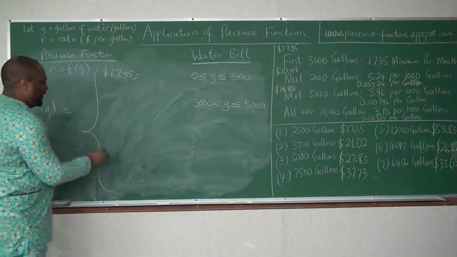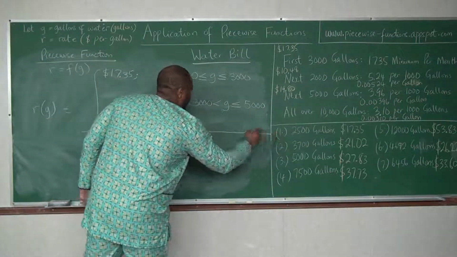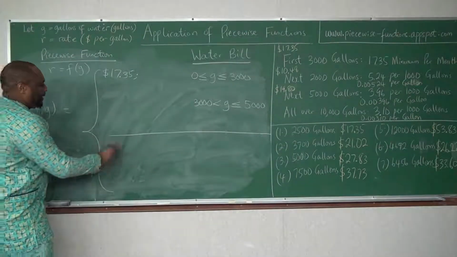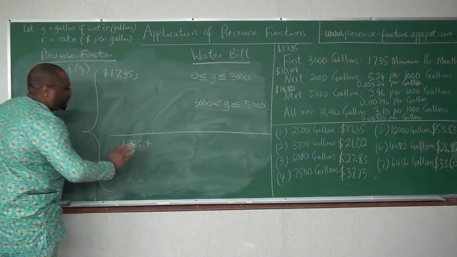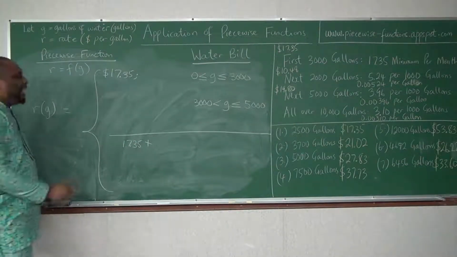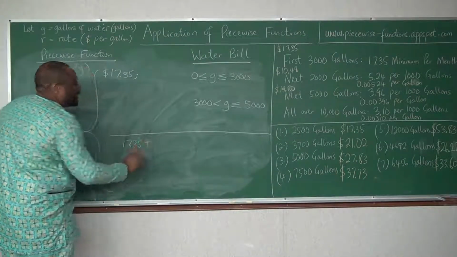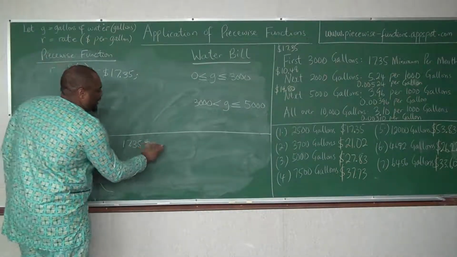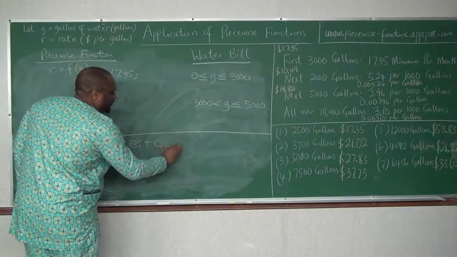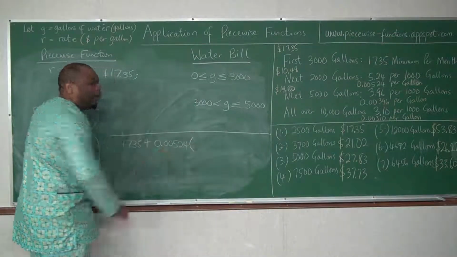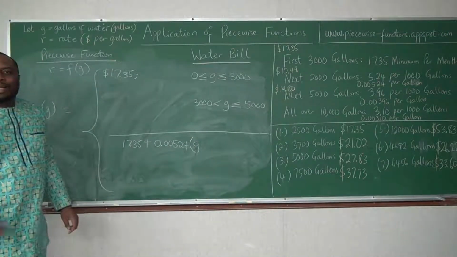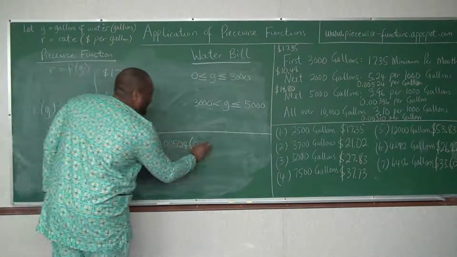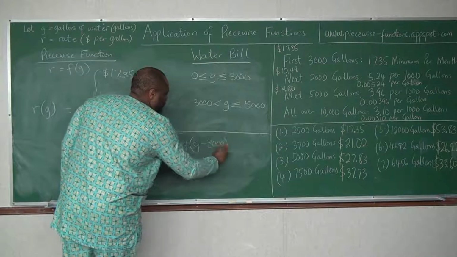So look at what I'm saying here, folks. For this one, you will pay $17.35 first. Then you pay 0.00524 for any amount of gallons over 3,000. Do you see that?